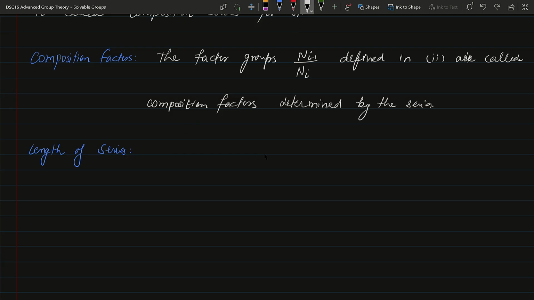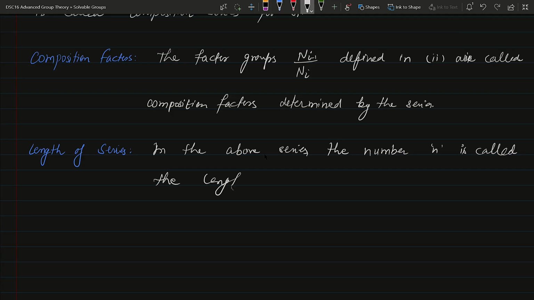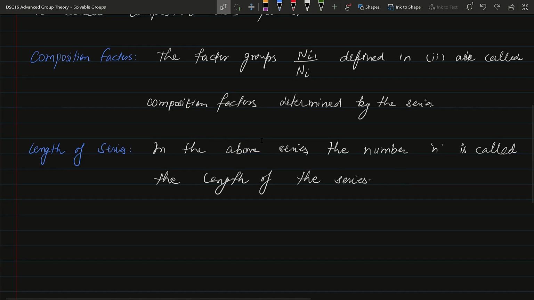We define, in the above series, the number n is called the length of the series.